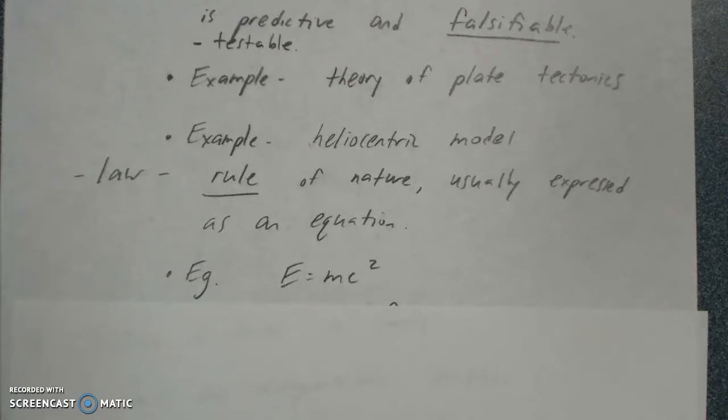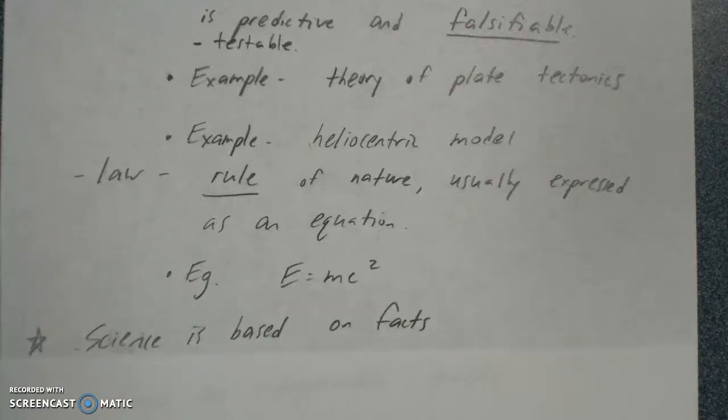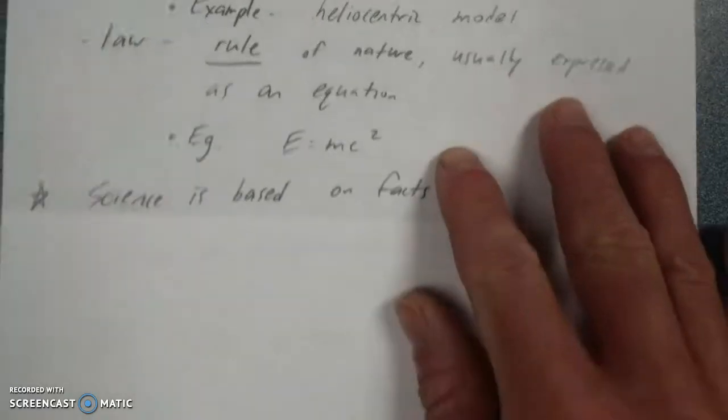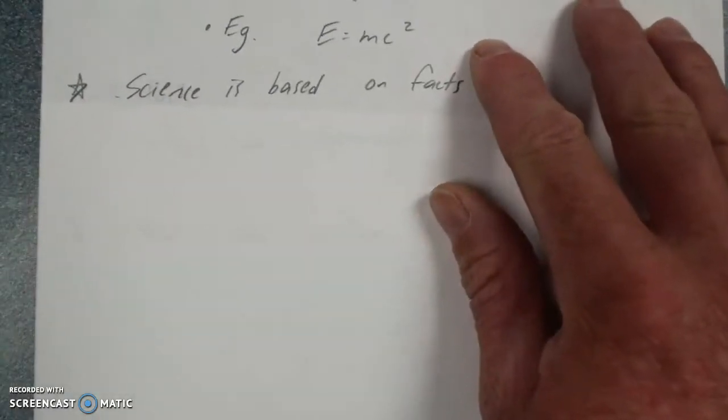It's not really explaining anything. It's not predicting anything. It's just describing what we see in this universe. So laws are usually going to be some sort of mathematical relationship like that, or maybe gravity, for example. And so there's definitely a difference between the two.